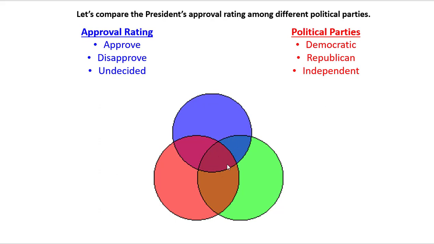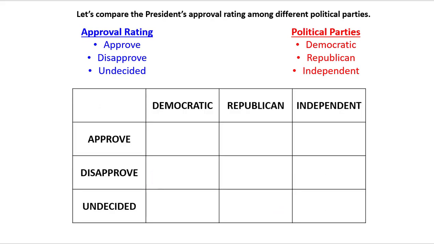So, while we can express this information using a Venn diagram, there may be a more efficient or simpler method, and usually that's going to be the two-way frequency table. This may be a little bit more simple to express our information.